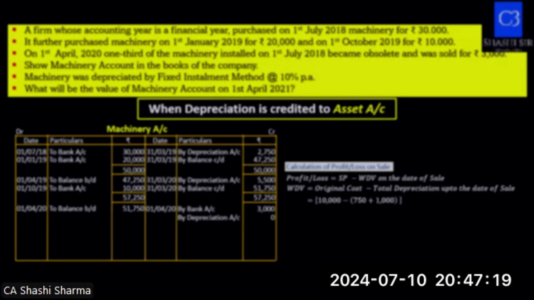Actually, the original cost of the first machine was 30,000. But the question says one third of the machinery has been sold. So for the purpose of calculating profit or loss, the relevant cost will be one third of 30,000, that is 10,000.